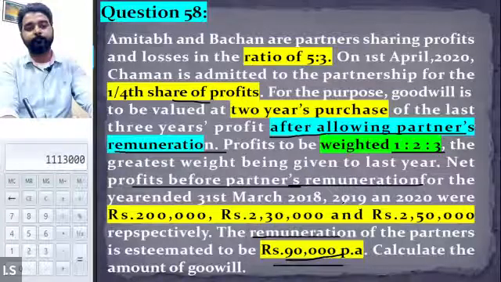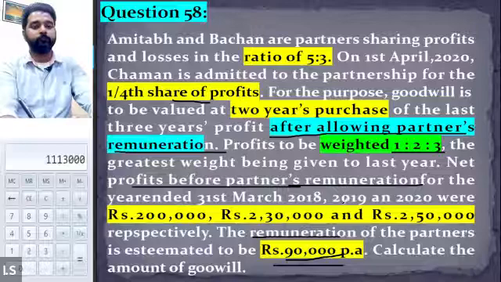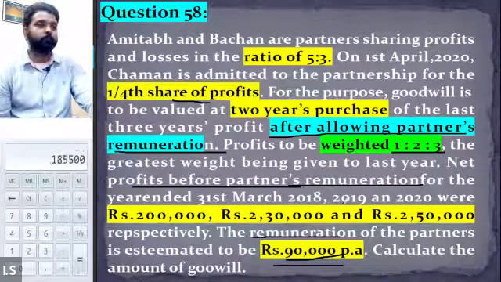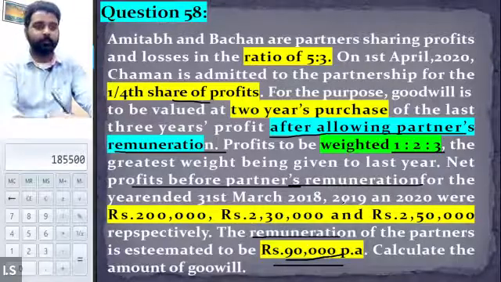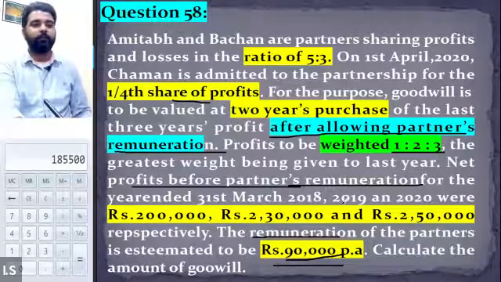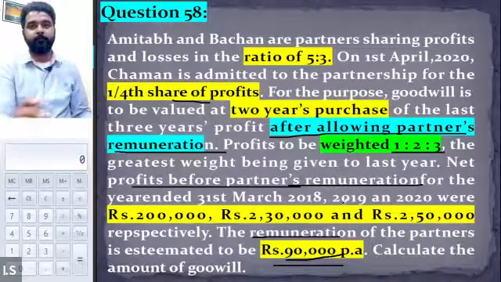Sir, 1,45,000. Okay. I guess it is incorrect. Okay, sir. Or just tell me the total weighted profit you are getting.